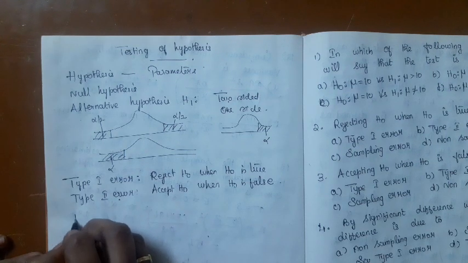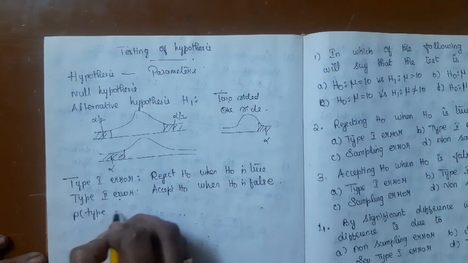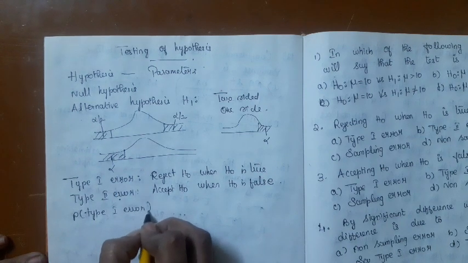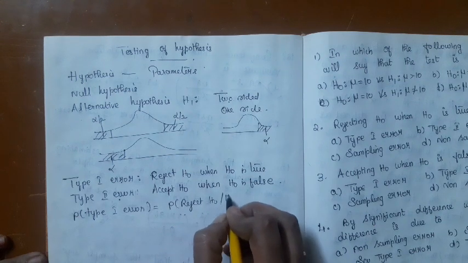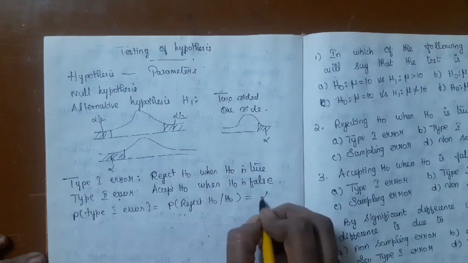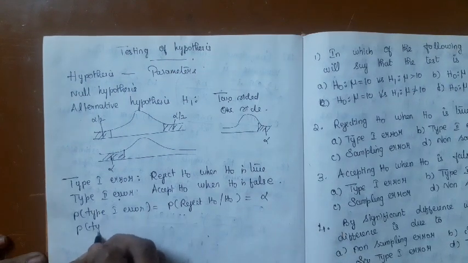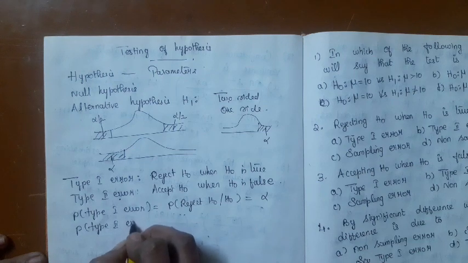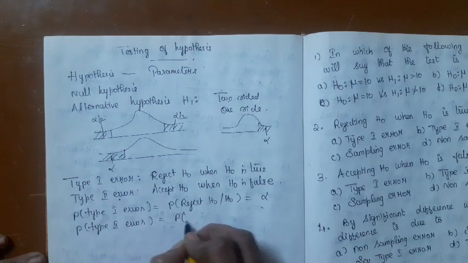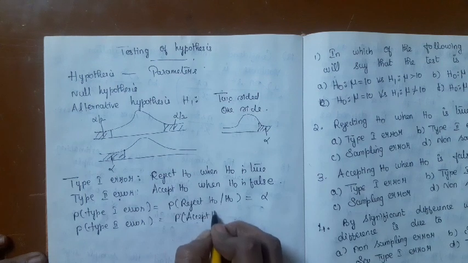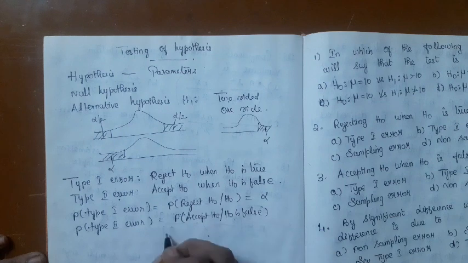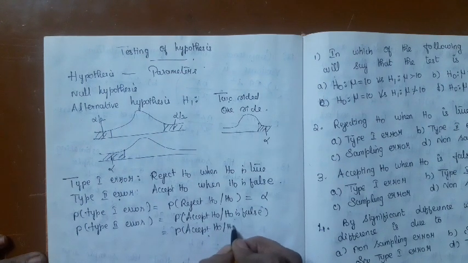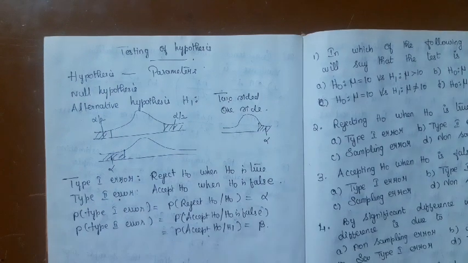Now, the probability of type 1 error, which is the probability of rejecting H0 when H0 is true, is denoted as alpha. The probability of type 2 error, which is the probability of accepting H0 when H0 is false, that is, the probability of accepting H0 when H1 is true, is denoted as beta.